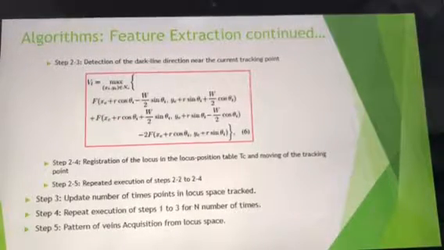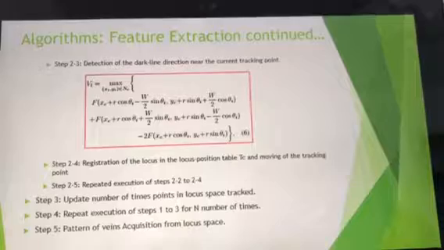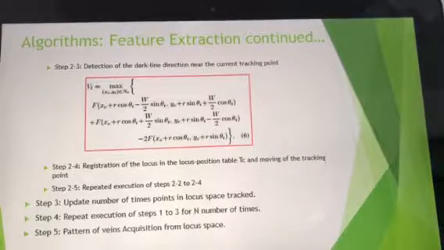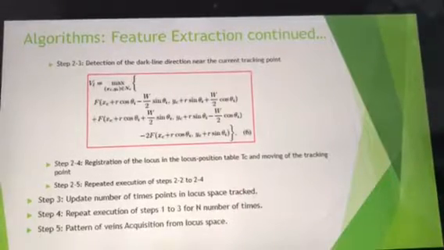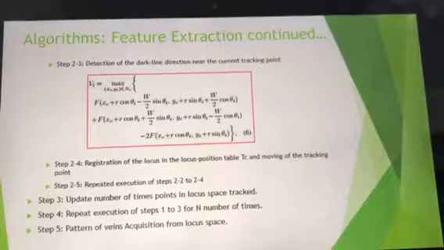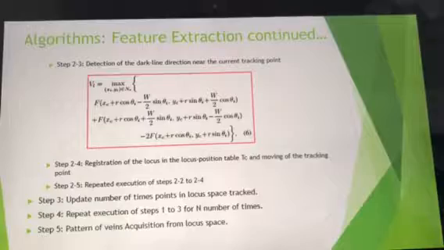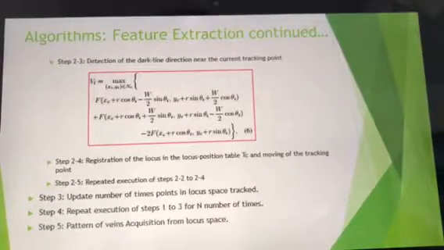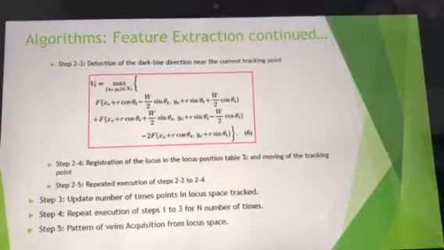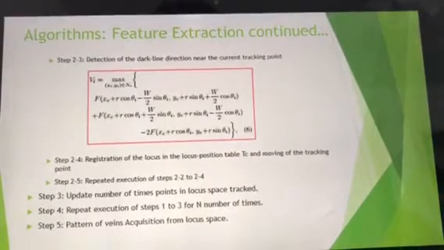Step 2.3 was detection of the dark line direction near the current tracking point. Step 2.4 was registration of the locus in the locus position table Tc and moving of the tracking point. Repeated execution of 2.2 to 2.4 was carried out.